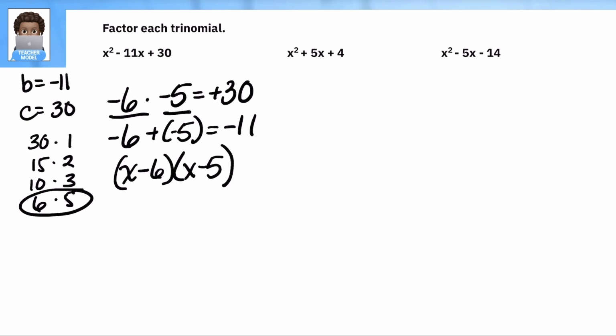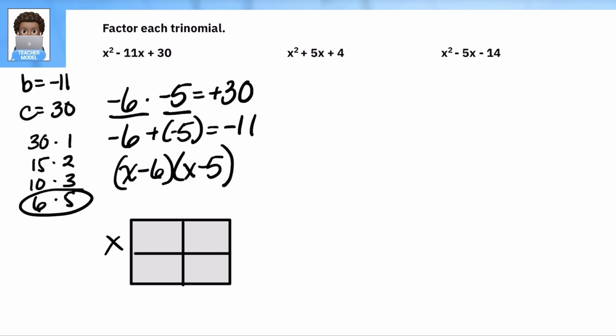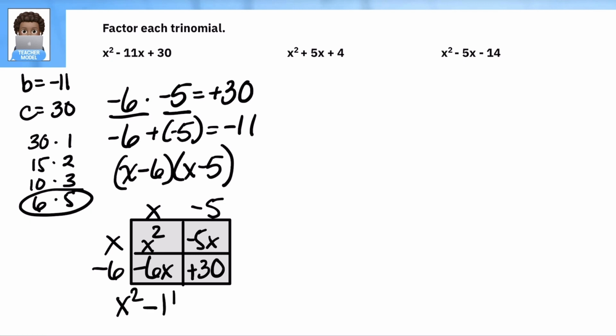And again, we can use FOIL, or in this case, I'll use the array method to just check my answer. x minus 6, x minus 5, and we get x squared, negative 5x, negative 6x, and positive 30. And combining like terms, x squared, I can see the two that combine to negative 11x plus 30. So it does work. Try the next one on your own and hit pause so you can work it out, and then I'll show the solution.